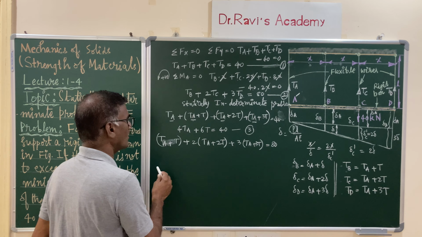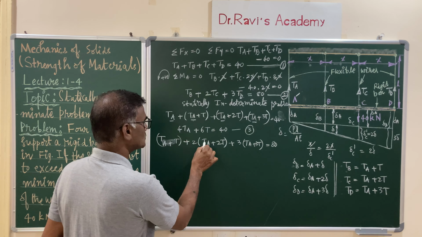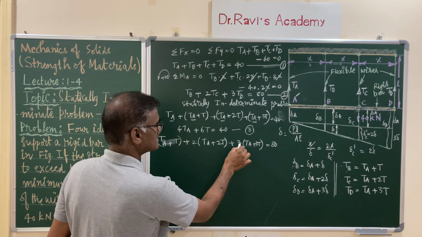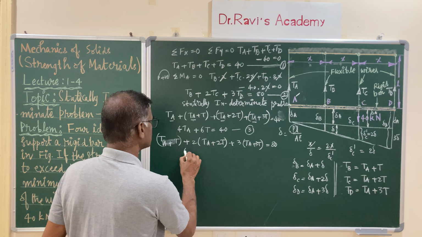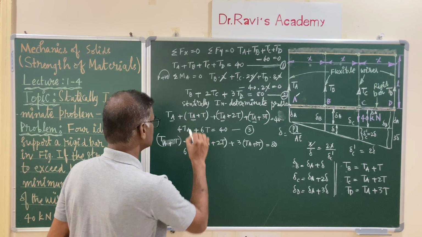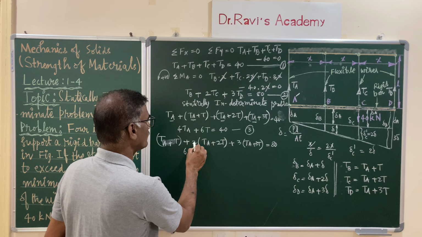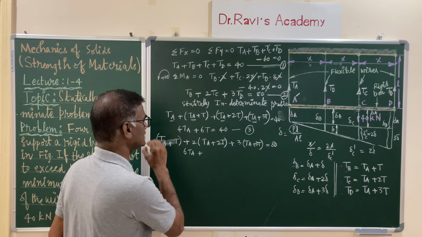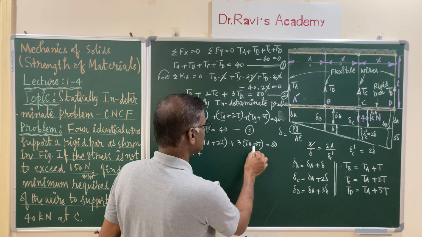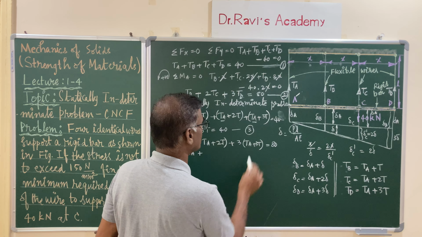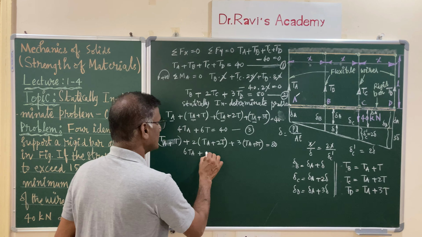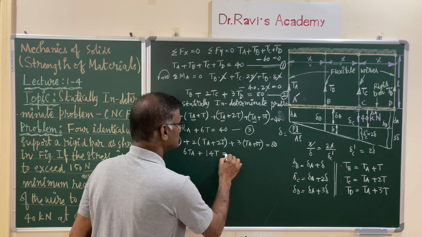So you can write TA plus 2TA, 3TA plus 3TA, it becomes 6TA. Then T plus 2 into 2, 4T; 4T plus 1T is 5T; 5T plus 3 into 3, 9T, that is 14T. So 14T is equal to 80. This is equation 4.